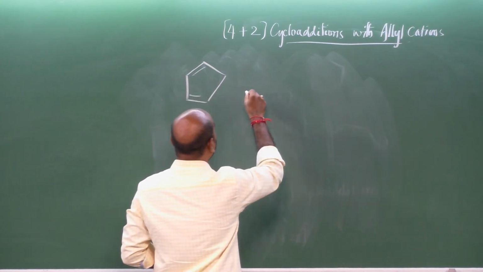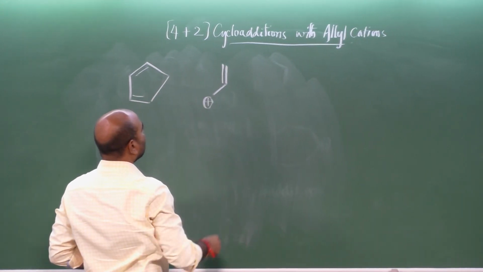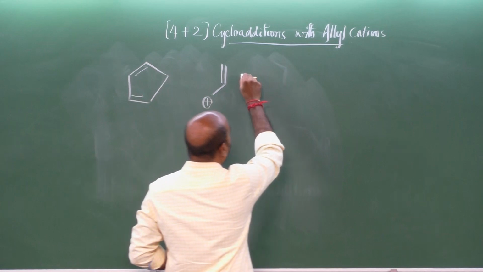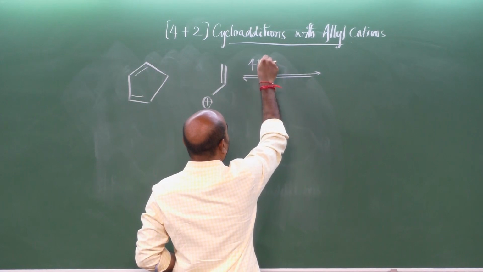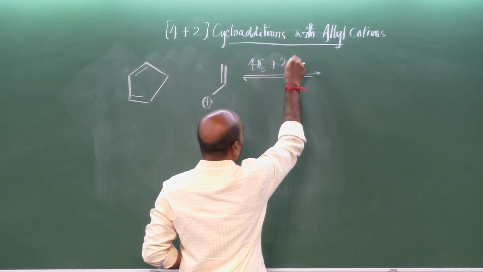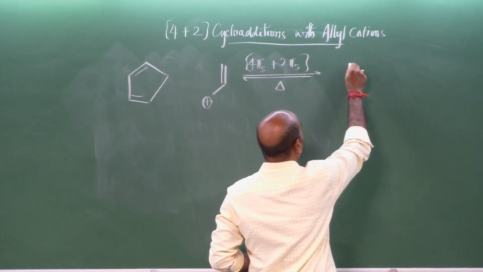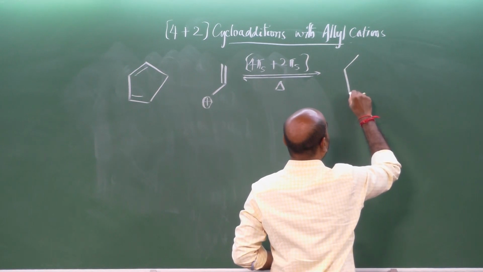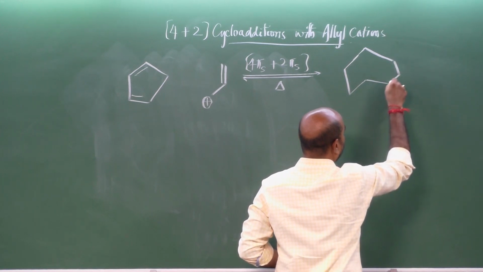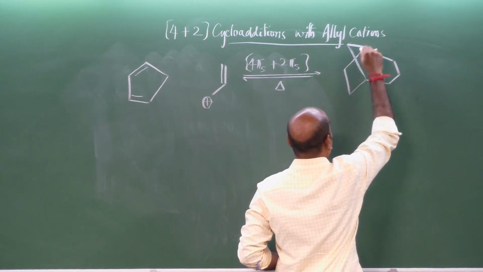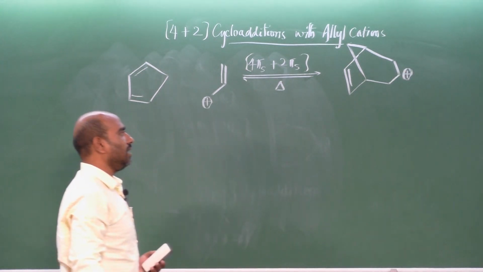So, cyclopentadiene, if made to react with an allyl cation, shows 4 pi supra plus 2 pi supra type of cycloaddition under thermal condition, and you will be getting this one, right. The positive charge will still be seen there in the product.